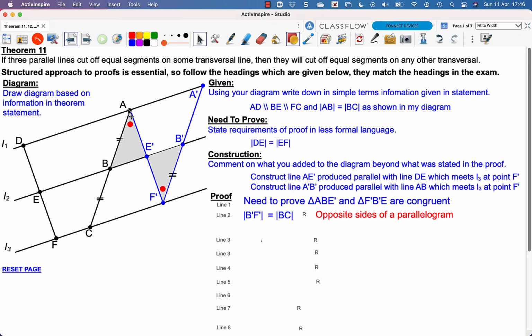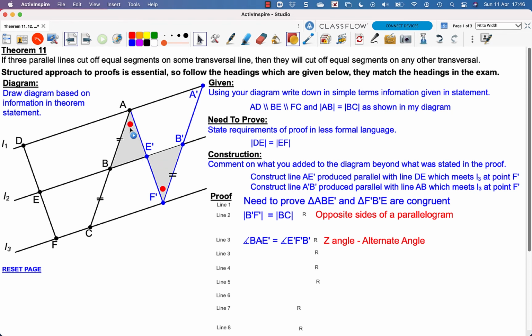Therefore we've got Z angles. So these two angles are equal because they are Z angles, alternate angles. Right, great. So that's on our way to trying to prove that these two grey triangles are congruent.